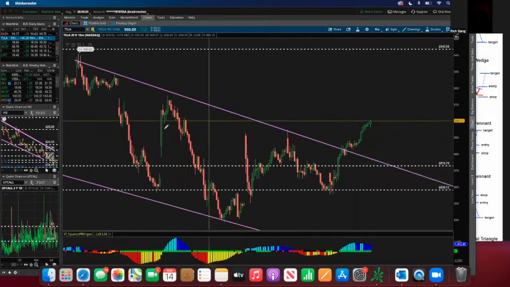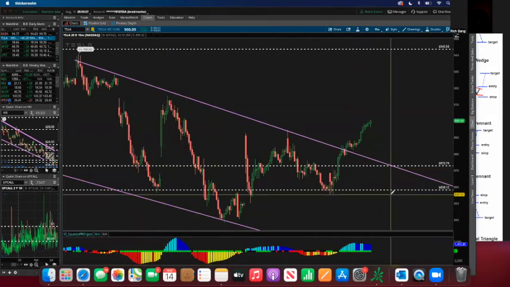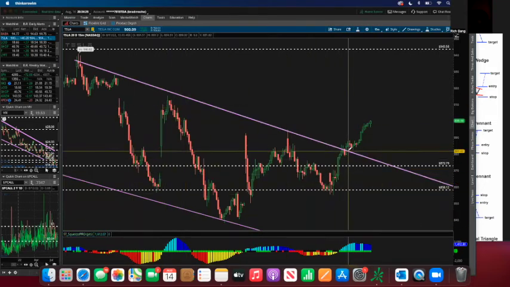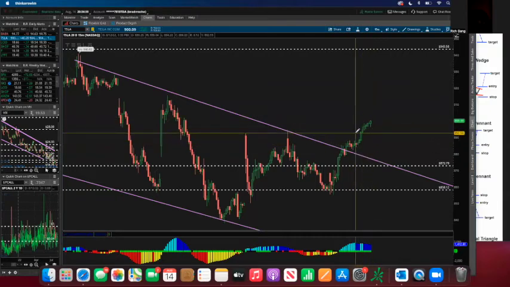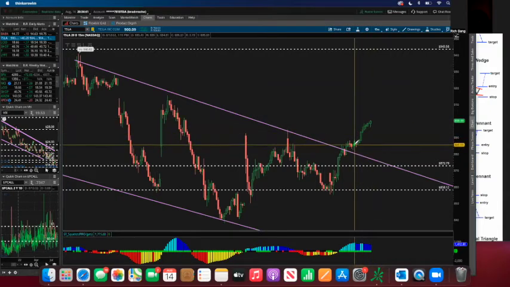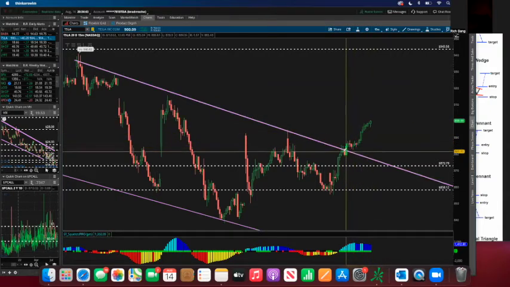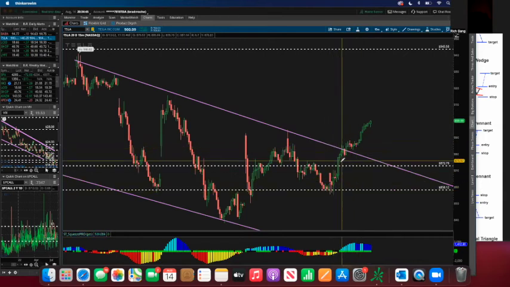So I hope you guys are getting the concept of anticipating these plays rather than getting in on the break. I'd rather know down here that it's not going to work out than be up here and pay way more for a contract for a less good move when I could have taken this whole thing here.